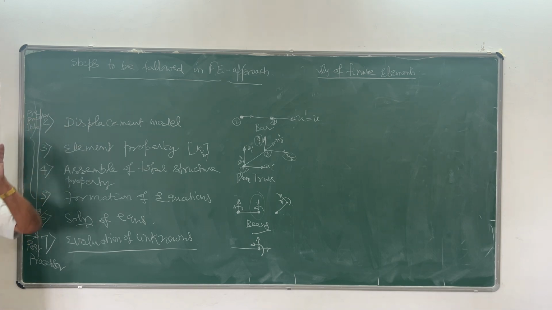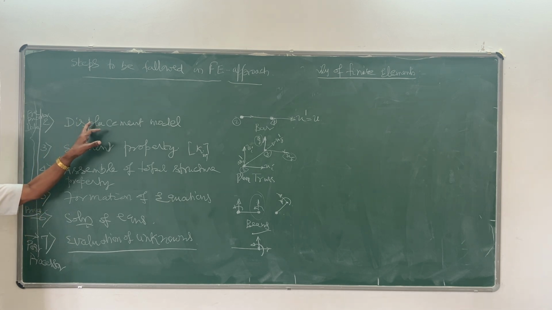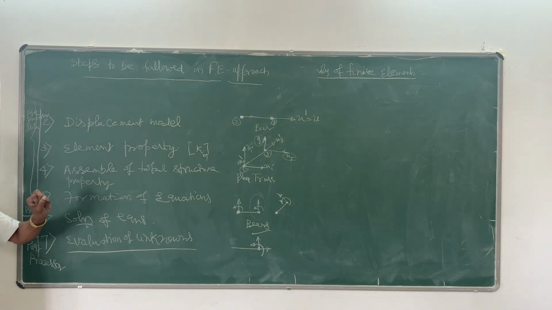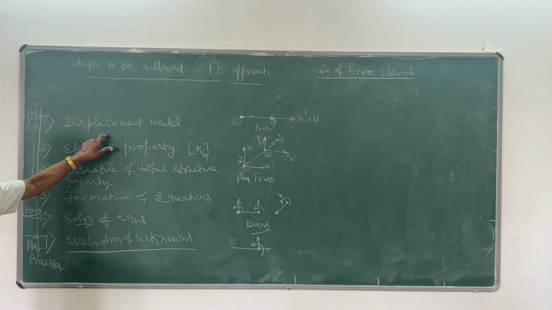That is the main thing in the second step. The unknown, how to model that unknown. Usually the unknown will be displacement. In fluid flow problems, it will be fluid velocity. In heat transfer problems, heat will be the flowing variable. Like that, the field variable changes depending upon the type of problem. So depending upon that, now you have to choose the displacement model.